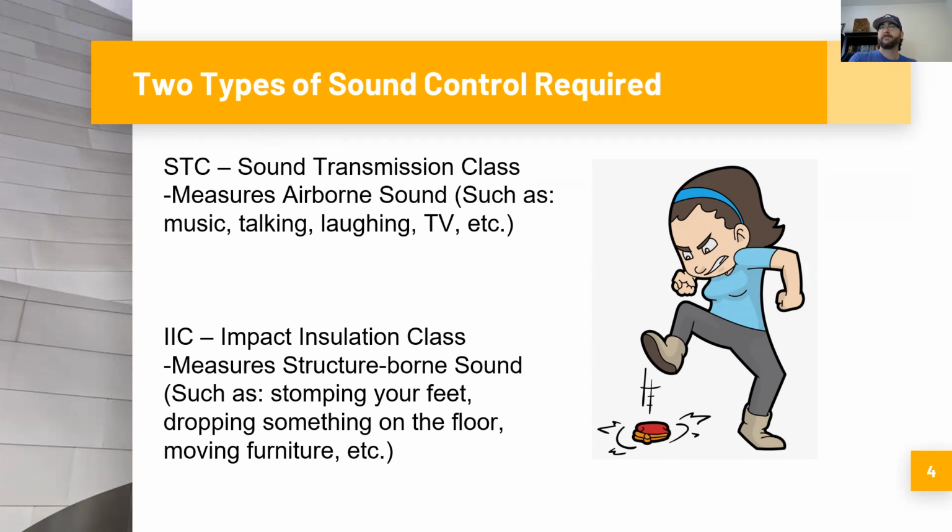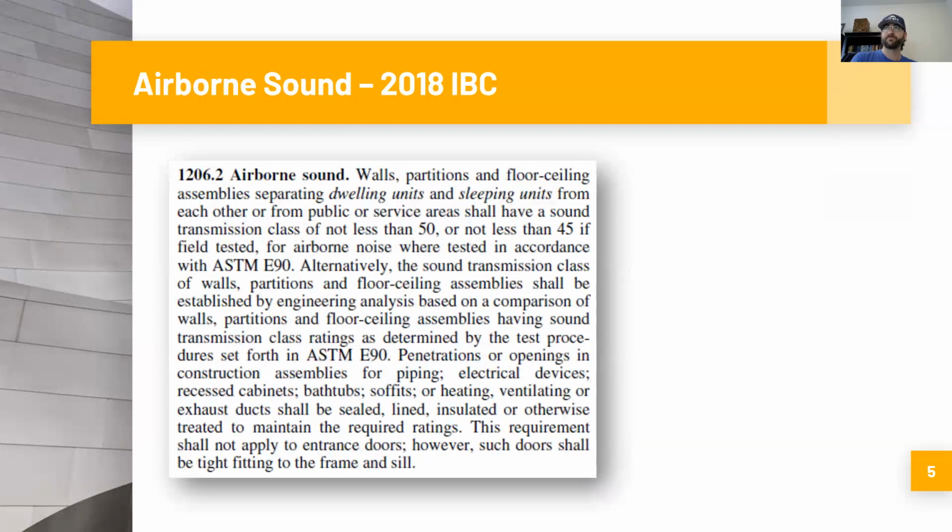The other one is IIC, which is impact insulation class, and that measures structure-borne sound. Structure-borne sound is things like stomping your feet, dropping something on the floor, moving furniture, things that are actually causing the structure to vibrate. So these are the two types of sound control that are regulated by the code.